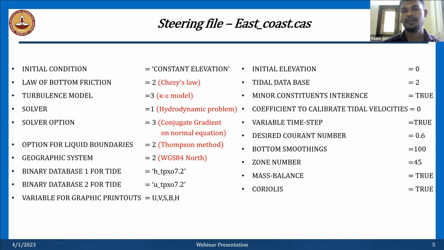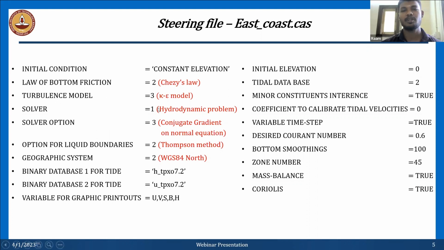That is the basic idea. And the law of bottom friction, because usually our bathymetry or any surface will have a friction, which is taken care of by the Chezy law. The Chezy law is based on the topography. There is an equation that will calculate the bottom friction.